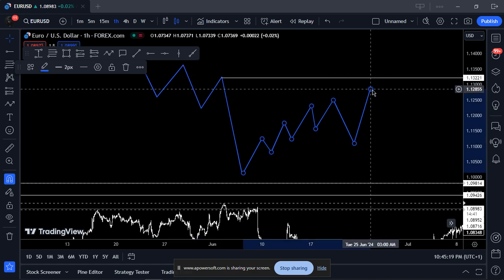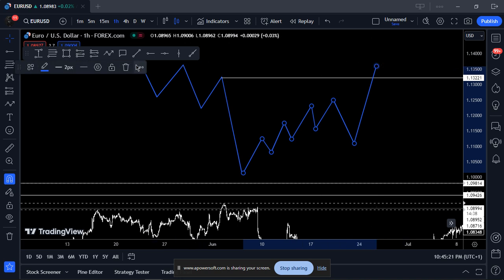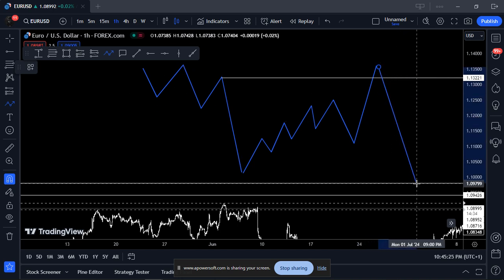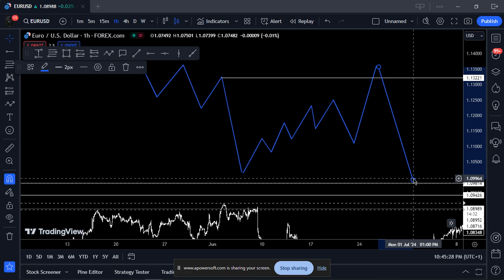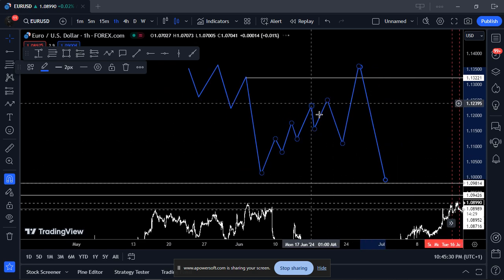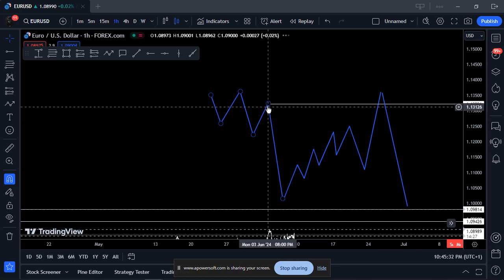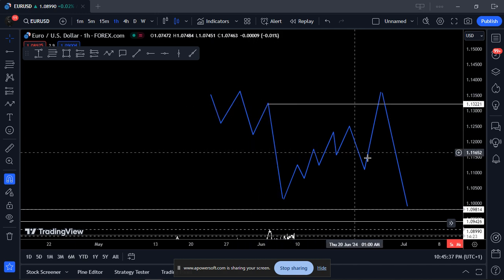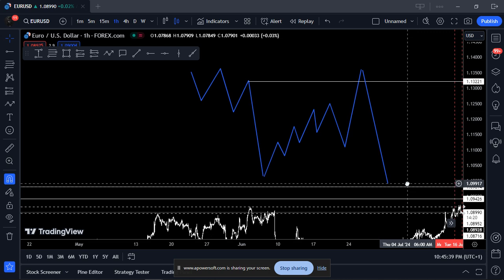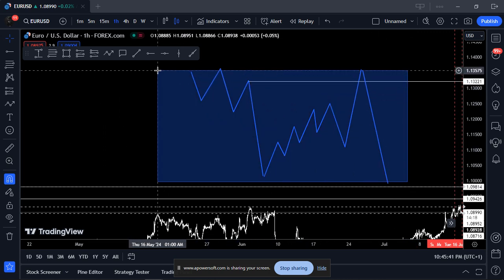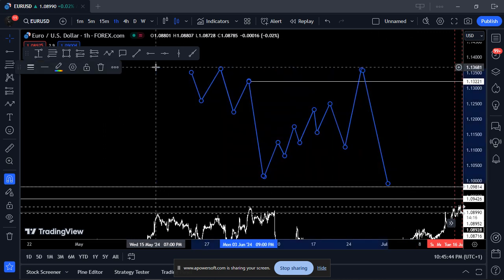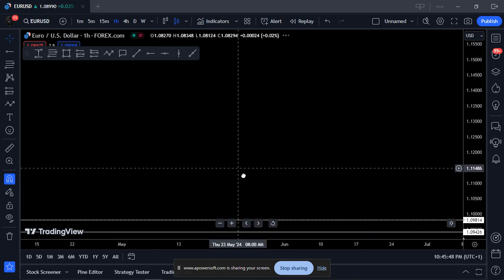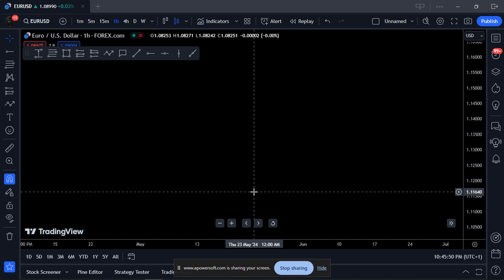Is it going to act as fuel for a move like this? It is very much possible. So this here is what we call opposing liquidity. So that's what we're going to add to our inducement entry to make it complete.